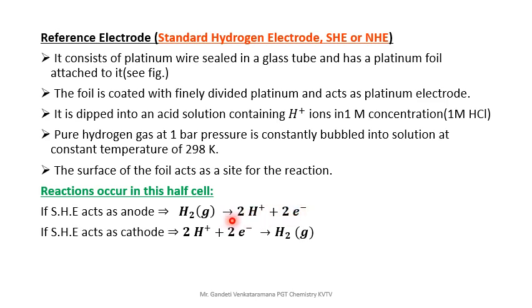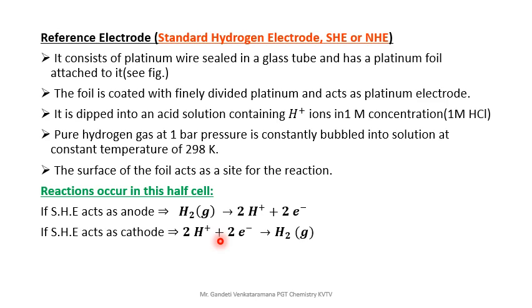This is oxidation. Loss of electrons is called oxidation. If SHE acts as cathode, reverse the reaction: 2H+ plus 2 electrons gives H2. Gain of electrons is called reduction. Be careful: anode means always oxidation takes place, cathode means always reduction takes place. No need to get confused.